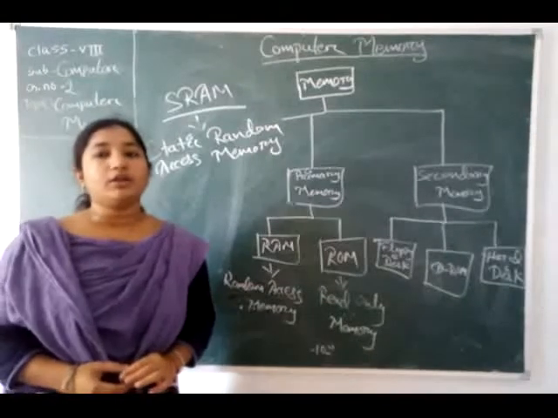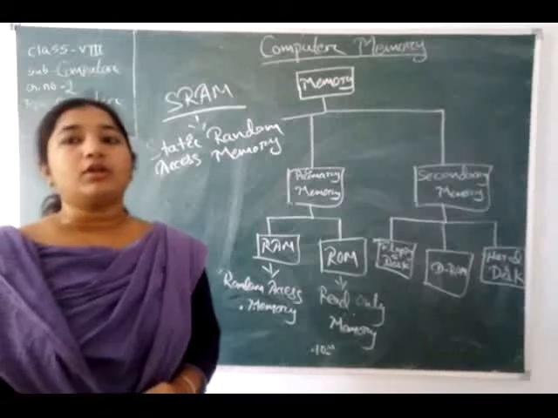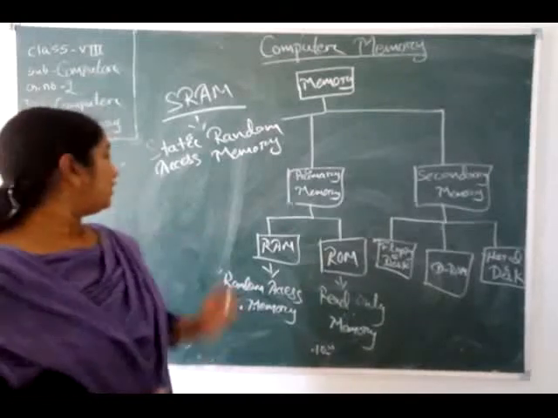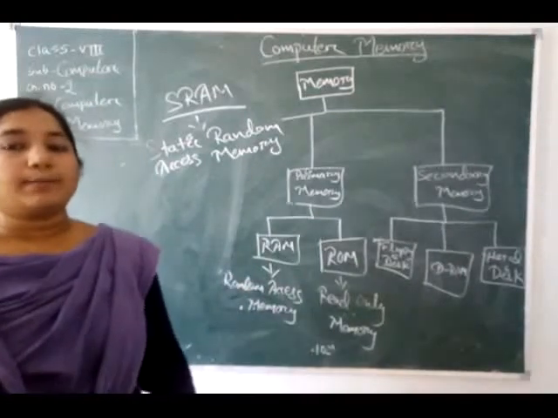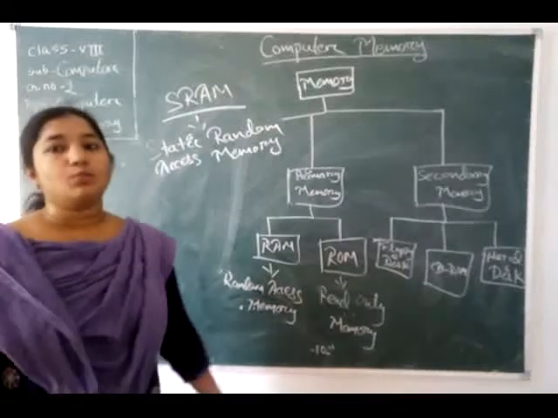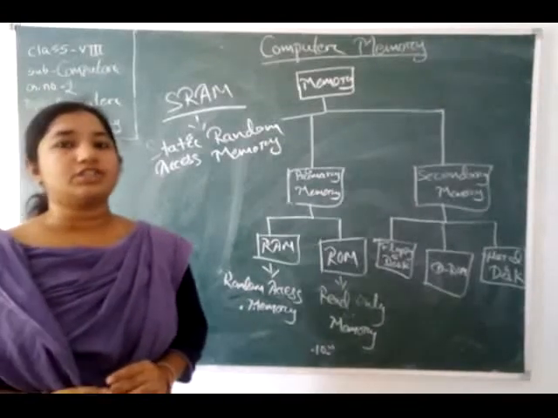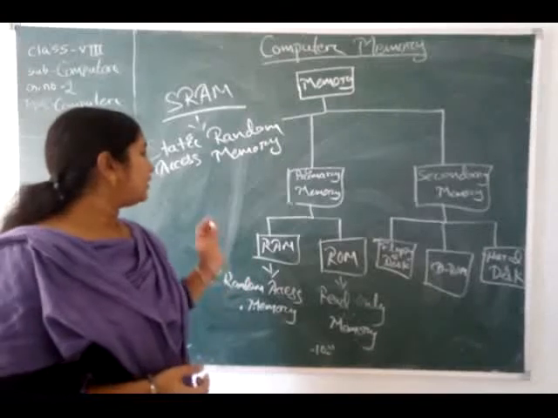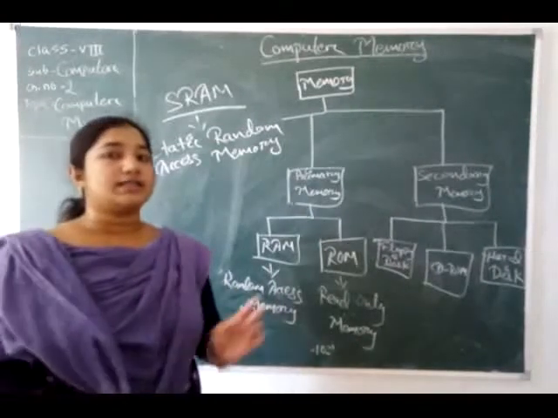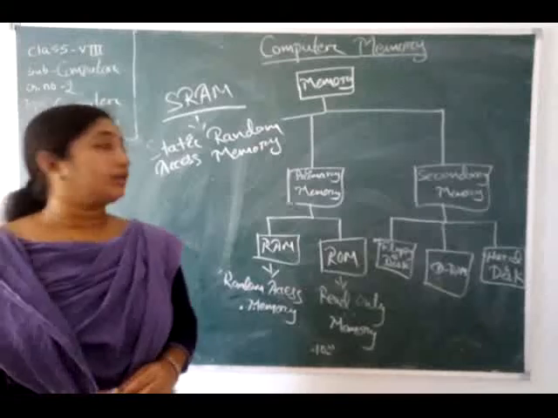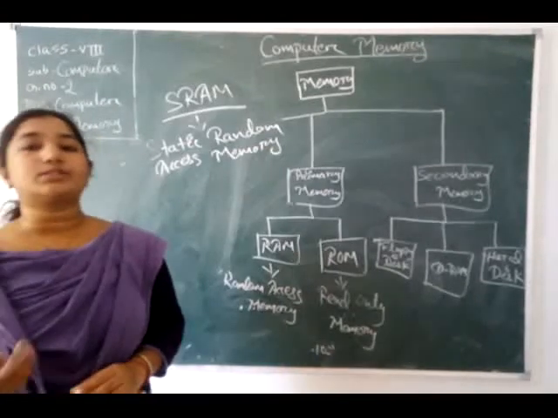As compared to DRAM, SRAM has more parts, and therefore it consumes a lot more space on a chip.